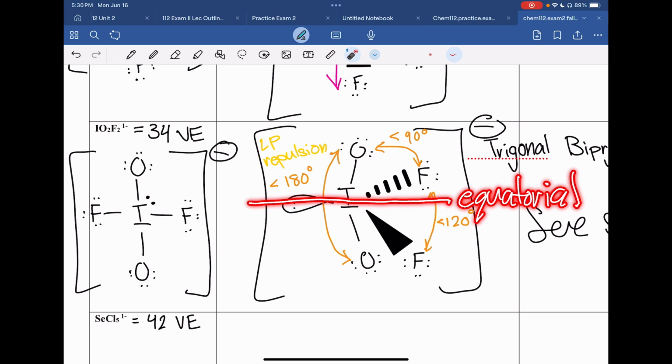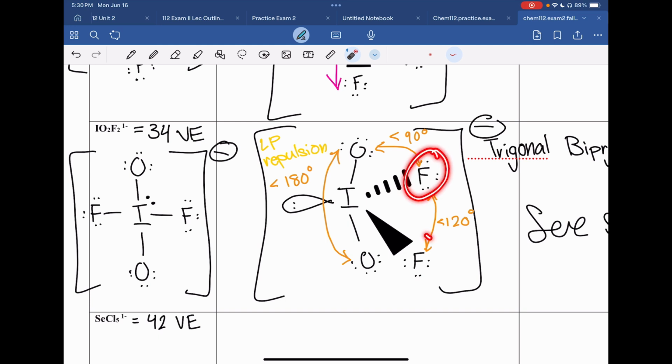Just think like the equator. Your equator is horizontal. This is your equatorial. So these two atoms are in line with this one. Horizontal is your equator, and then up and down is your axial.